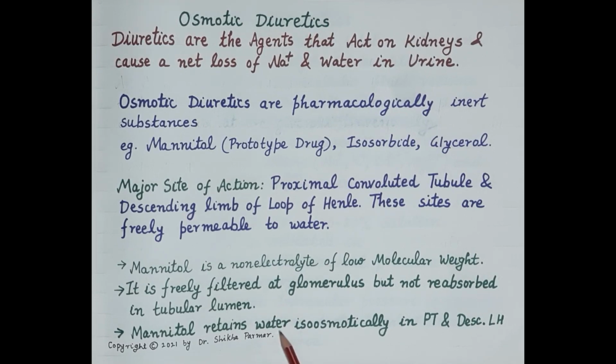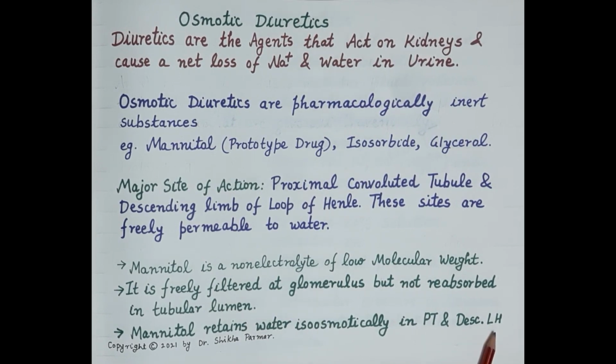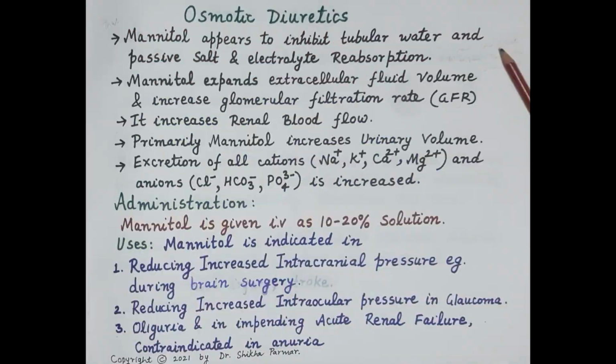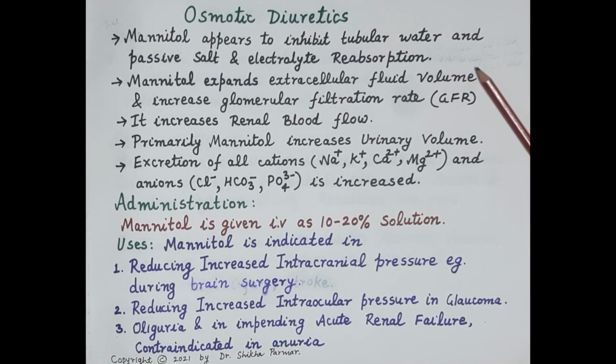Mannitol here retains water isoosmotically in the proximal convoluted tubule and descending limb of loop of Henle, and this dilutes the fluid in the tubule of the nephron, and sodium is also not reabsorbed from the tubular lumen. Thus, mannitol appears to inhibit tubular water and passive salt and electrolyte reabsorption, and thus it increases loss of water and sodium in urine, and this produces the diuretic effect.